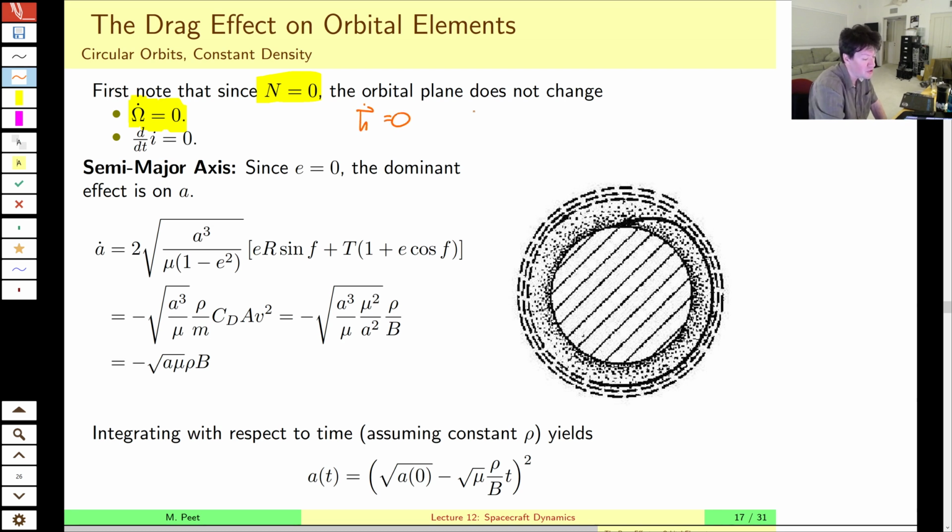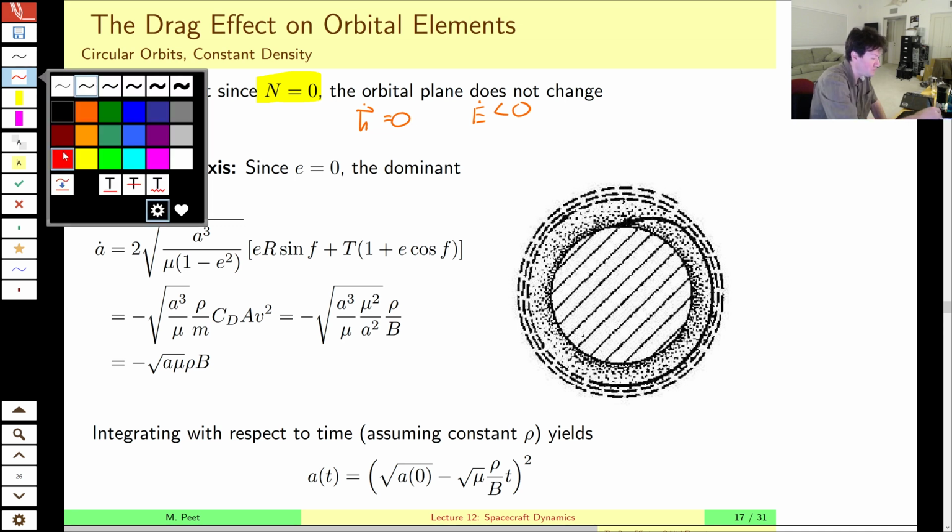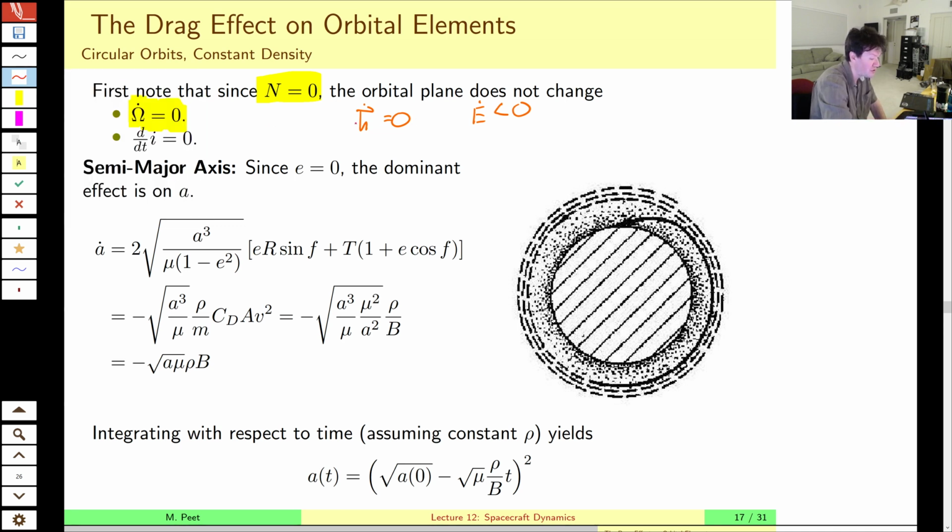It will change your energy, and it will probably decrease it, sap your energy, but it will not change your angular momentum vector, at least not the direction of it.